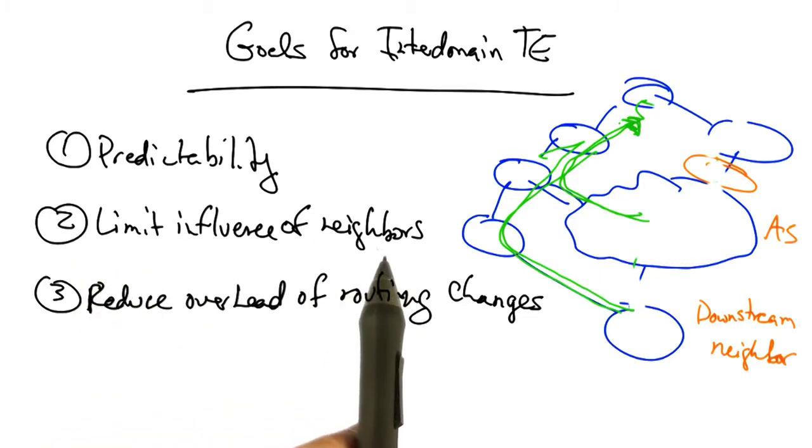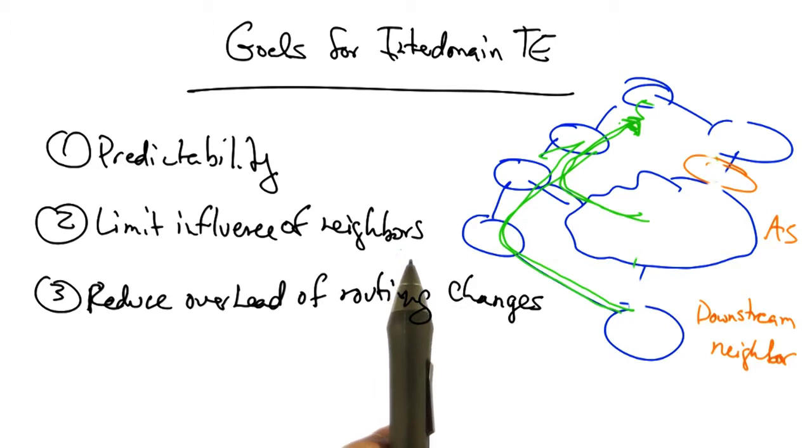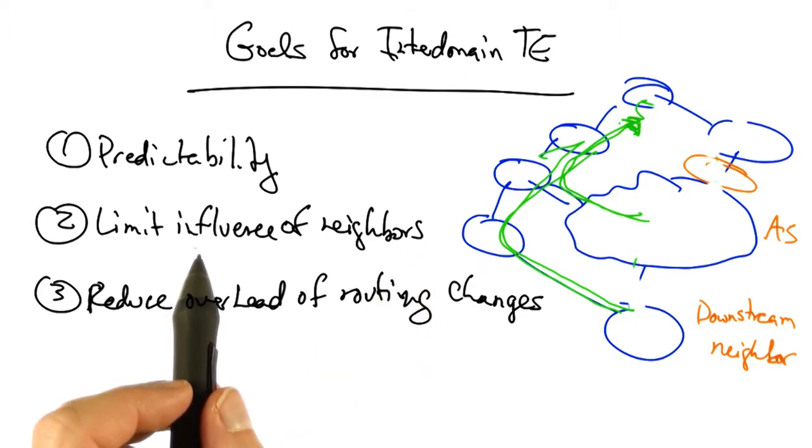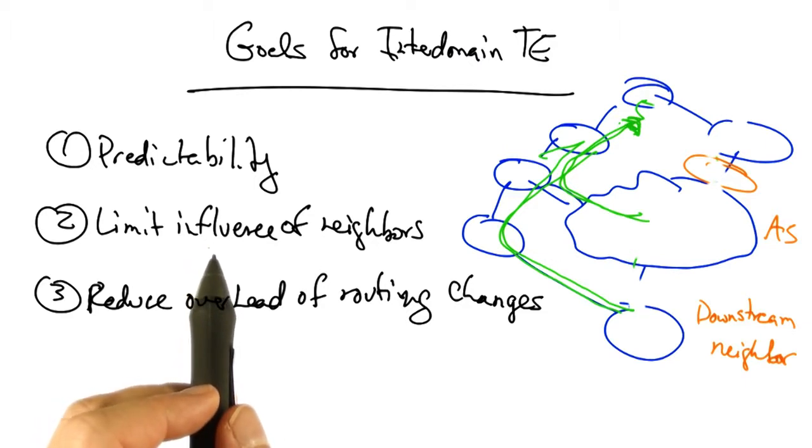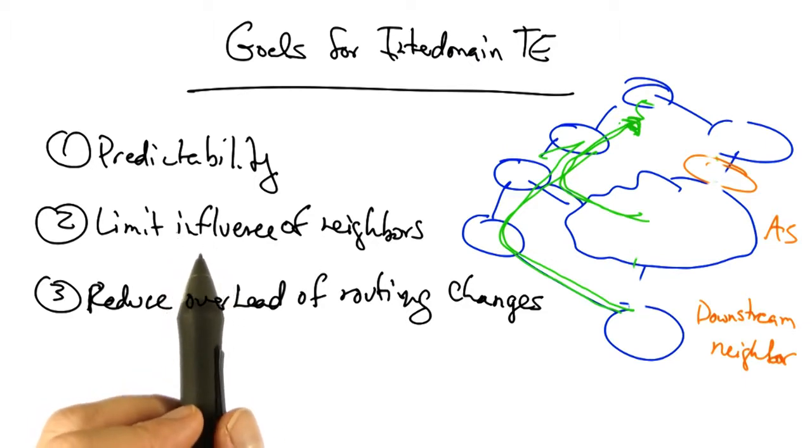Another way to achieve effective interdomain traffic engineering is to limit the influence of neighbors. For example, an autonomous system might try to make a path look longer with AS path prepending. If we consider treating paths that have almost the same AS path length as a common group, we can achieve additional flexibility.